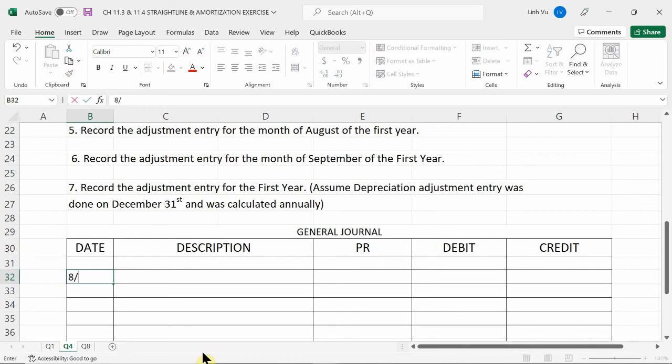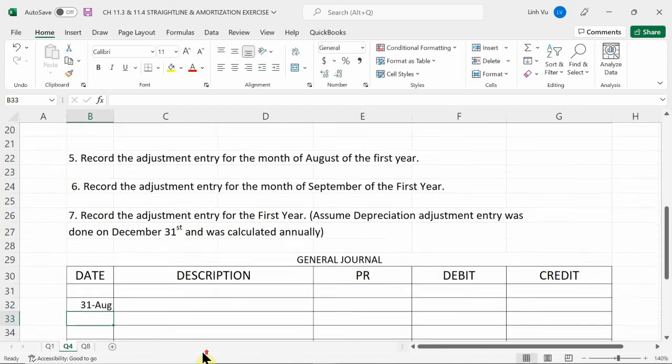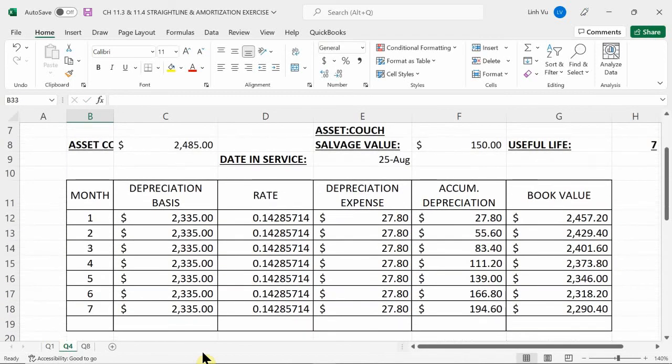Because that's the first month's depreciation expense. Well, when did I put my asset into service? August 25th. And using the rules of the date in service, when should I start depreciating this asset? The beginning of the next month, September. So it'd be September 1st.